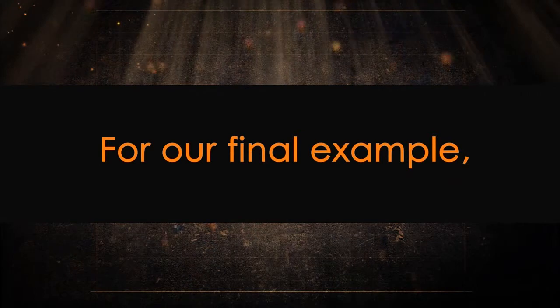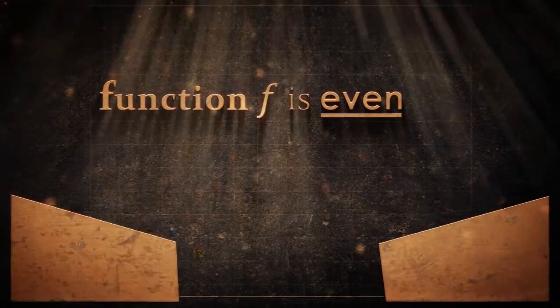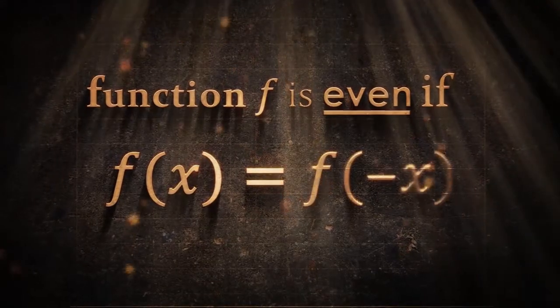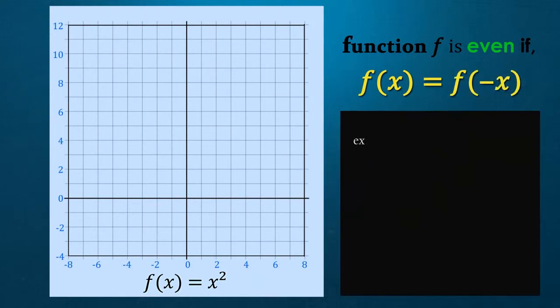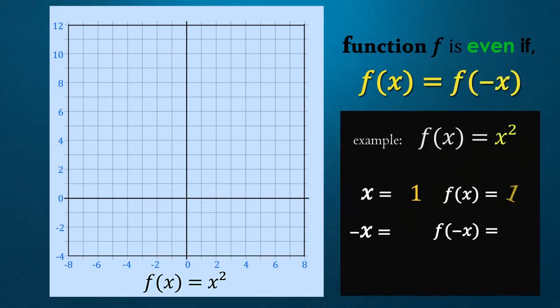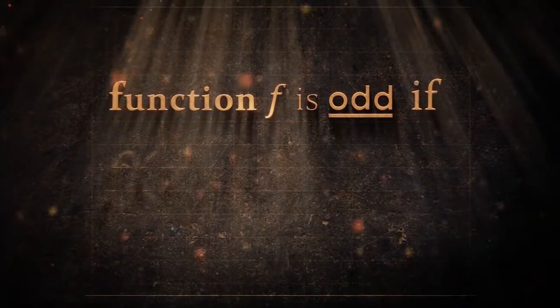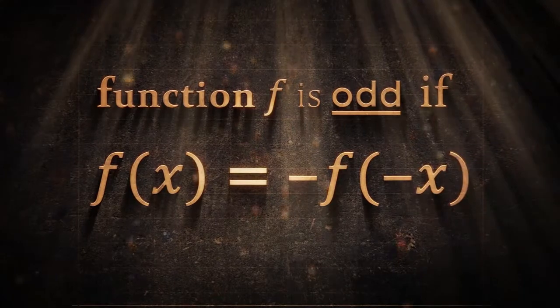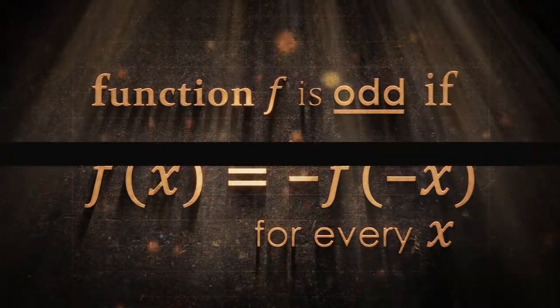For our final example, recall that a function f is even if f of x is equal to f of minus x for every x. Likewise, a function f is odd if f of x is equal to minus f of minus x for every x.